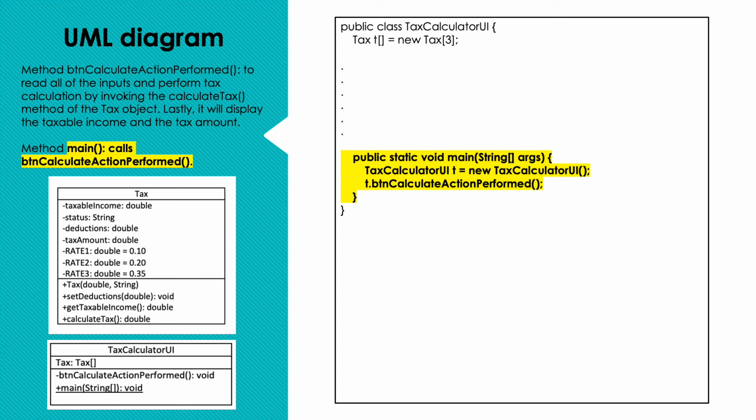Then I would call the buttonCalculateActionPerform method by writing t.buttonCalculateActionPerform. If I have my buttonCalculateActionPerform as static, then I don't have to create an object of the class. So that's another way of doing it.